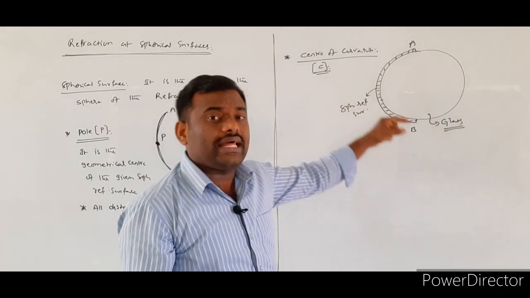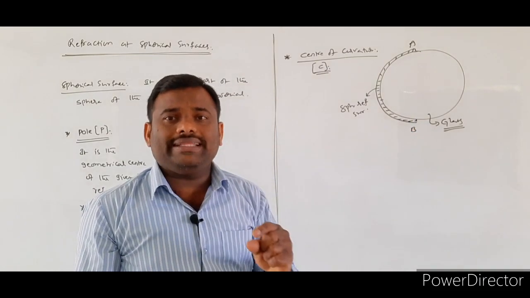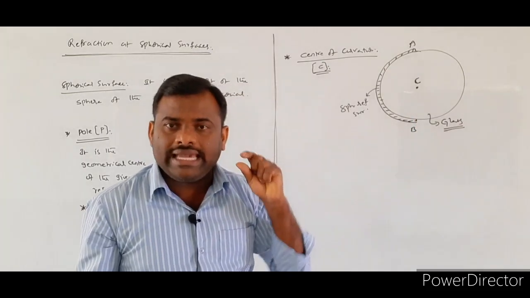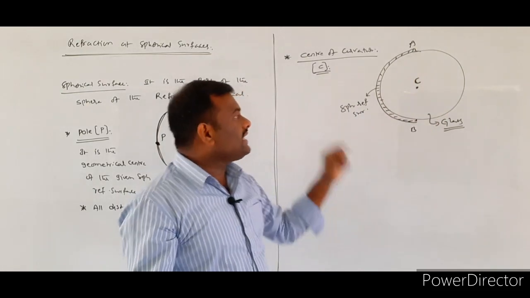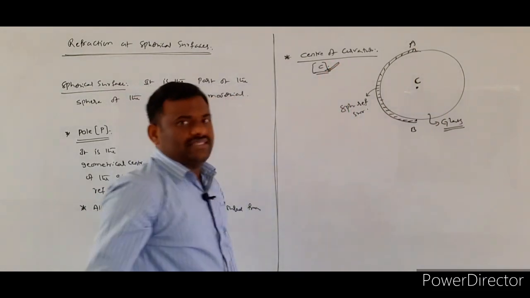So for any sphere, a geometrical center will be there, and we call it the center of curvature, represented with the symbol capital C.